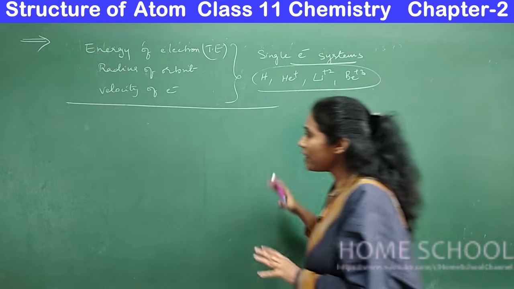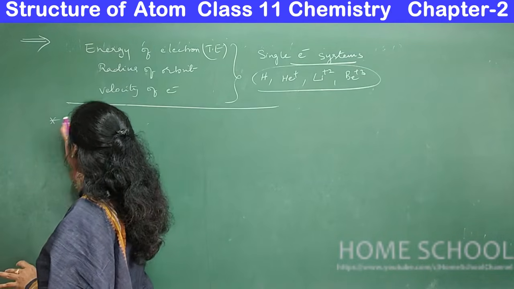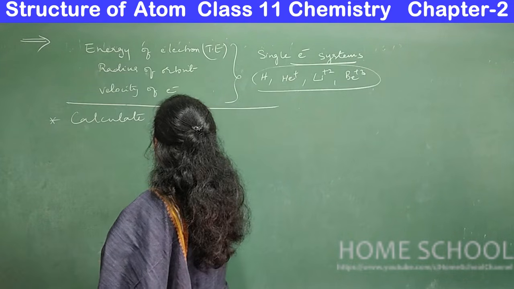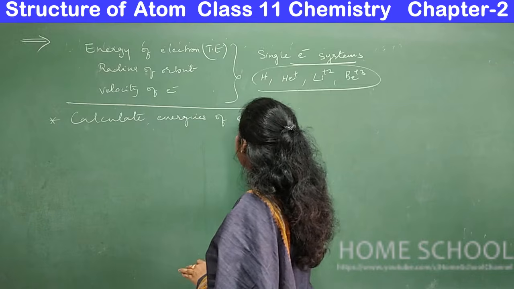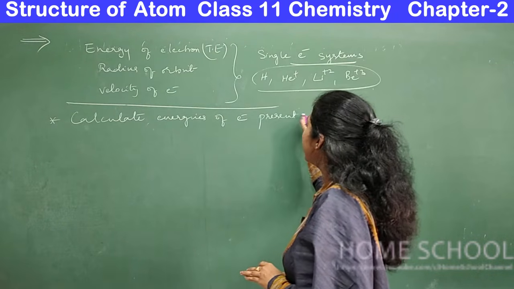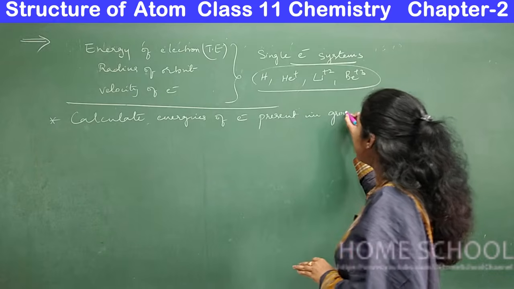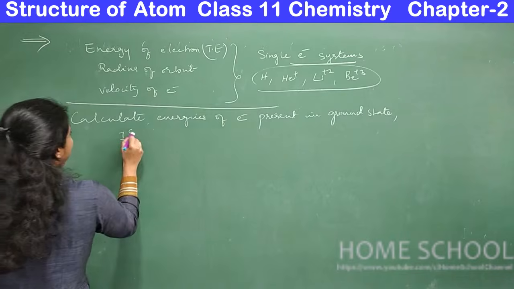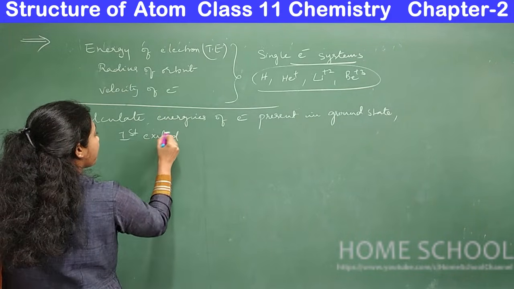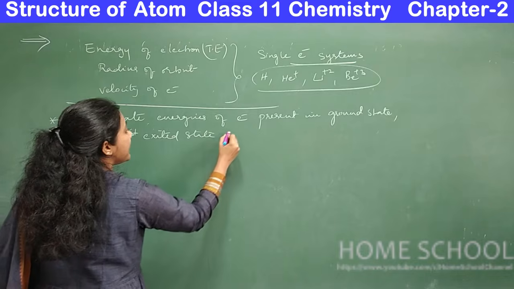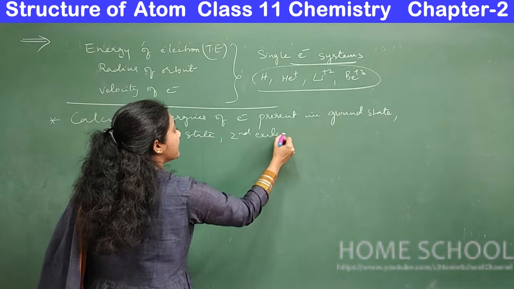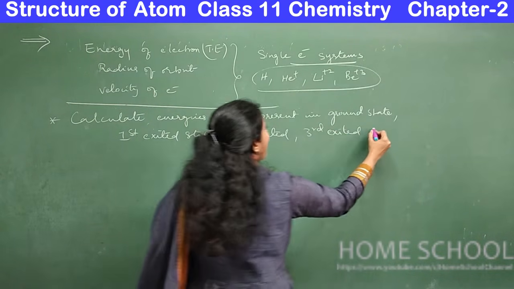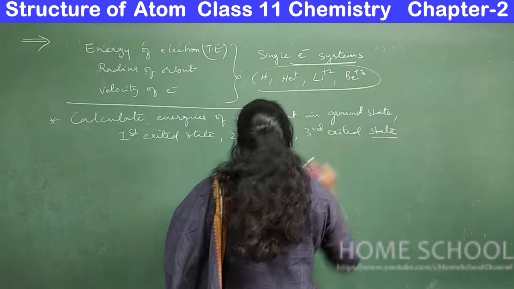Now the biggest question is: calculate the energies of an electron present in the ground state, first excited state, second excited state, third excited state. So what do we mean by these excited states?